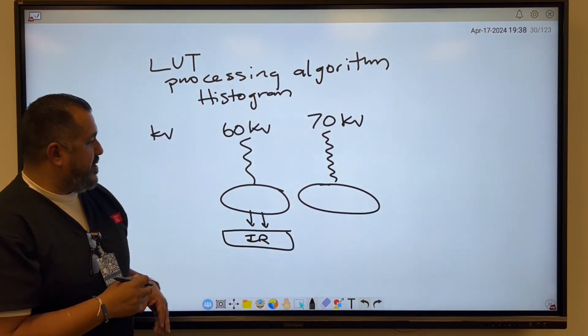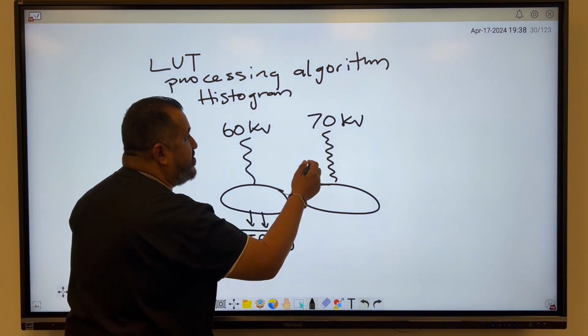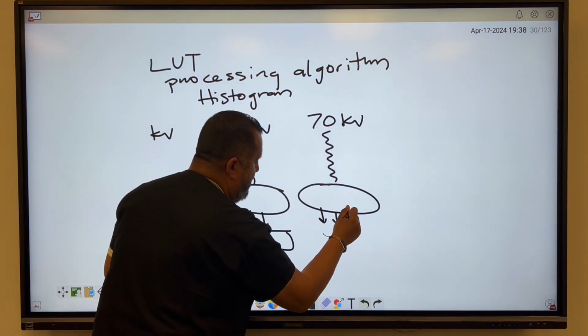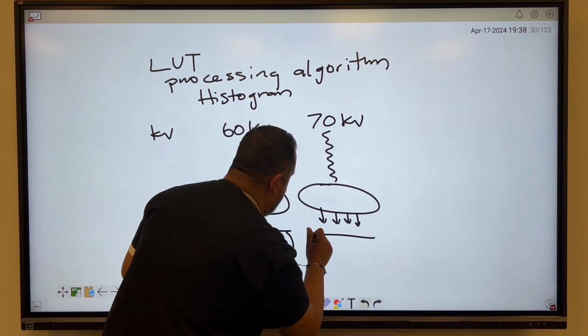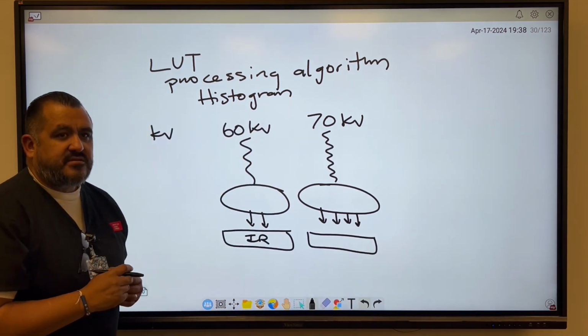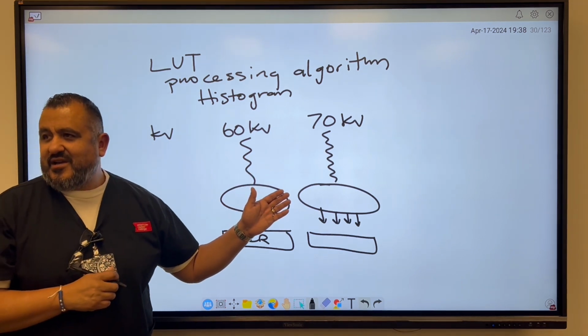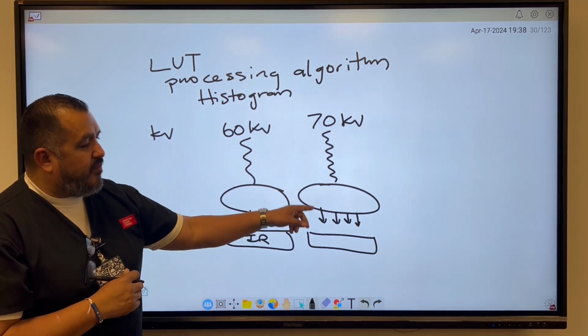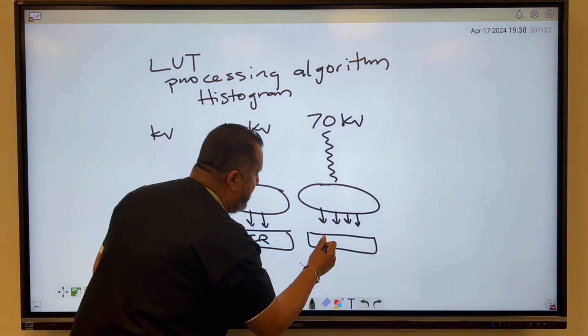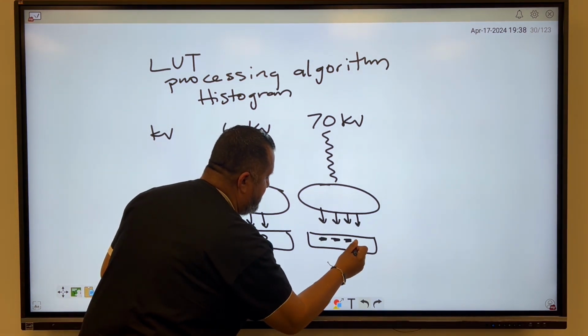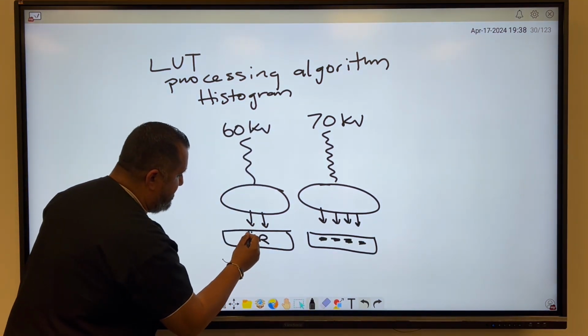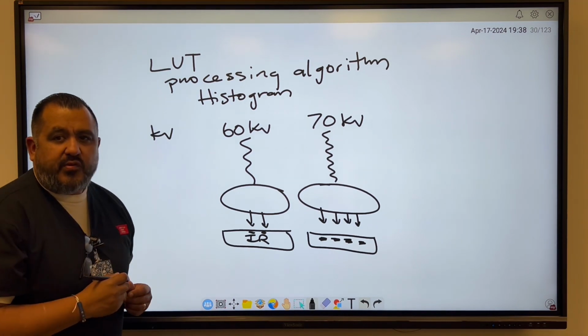Of course, this is just hypothetical, but when you increase your kV to 70, you're going to have twice the amount of X-rays go through. Okay? This is our 15% rule, right? So when you have more X-rays going through, imagine this, you guys, as more densities. Versus over here, this is all the density we have, the recorded exposure.